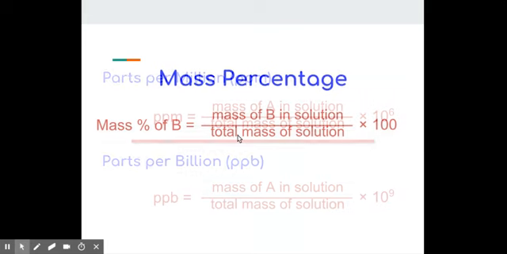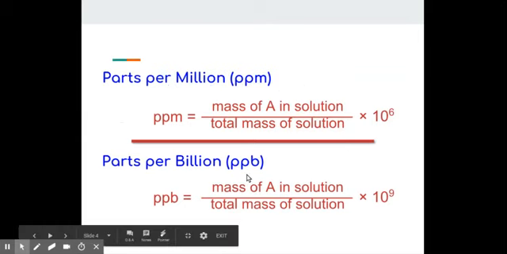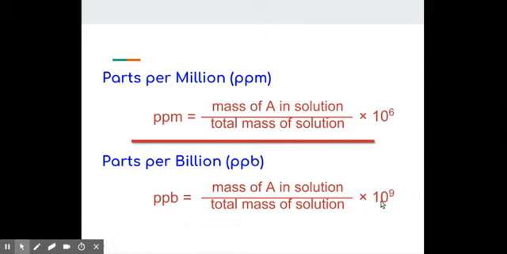This is the second one. If you have very small amounts, you will not use percentage anymore, but you're going to use what we call parts per million, ppm, and parts per billion, ppb, for very small amounts. If you look at that, their basic equation is the same, but the multiplier is not 100 anymore because we're not talking about percentage.